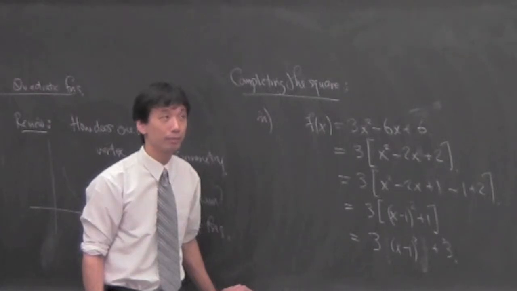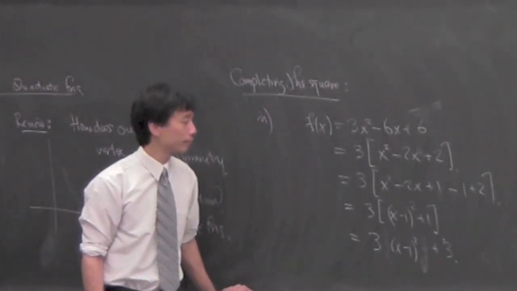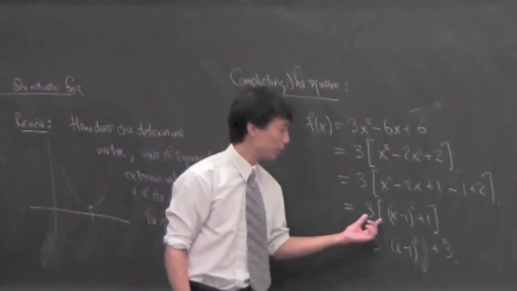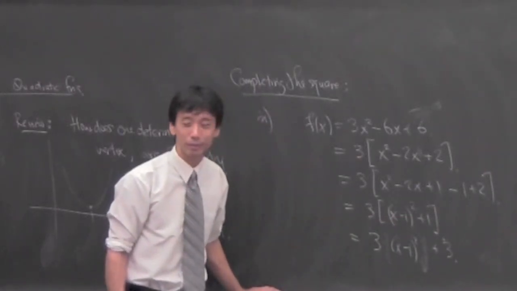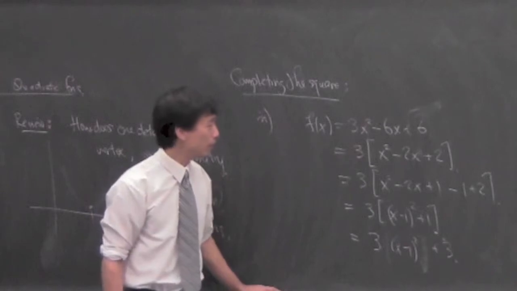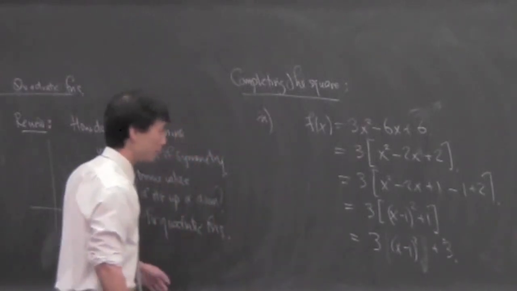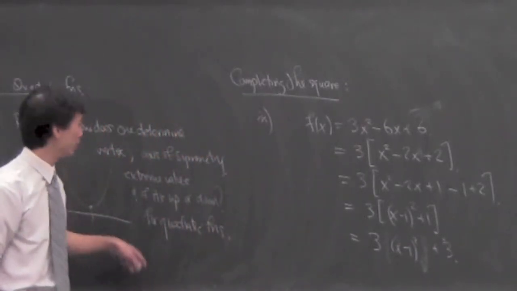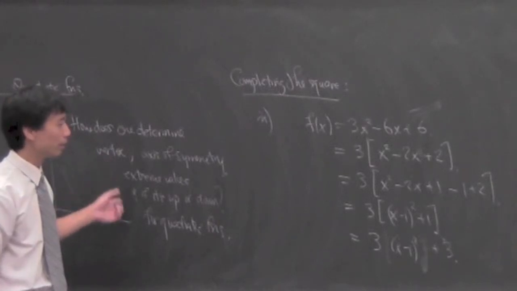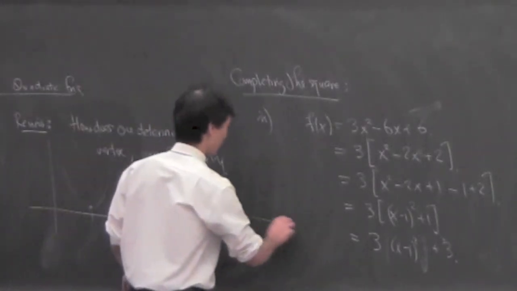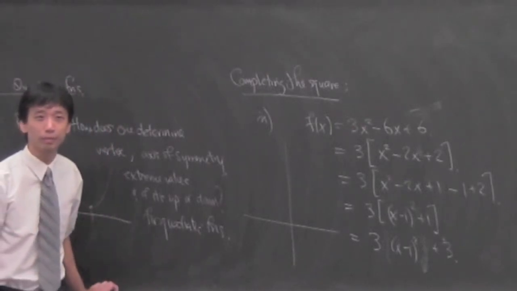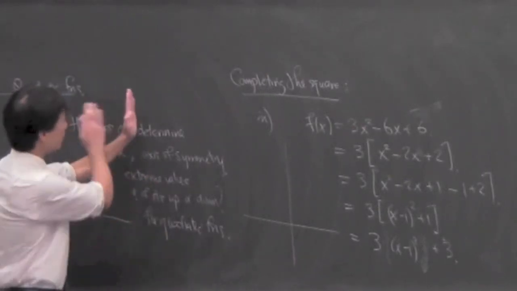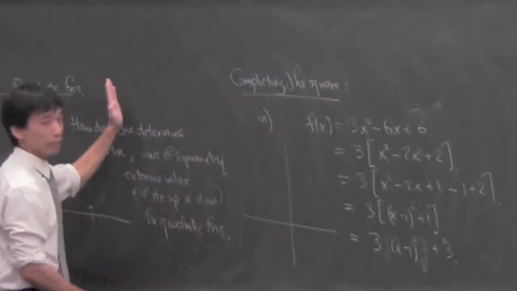Yeah, the 3 distributes across. So then we have all the information we want about this thing. What's the axis of symmetry for this function? About what line is it symmetric?